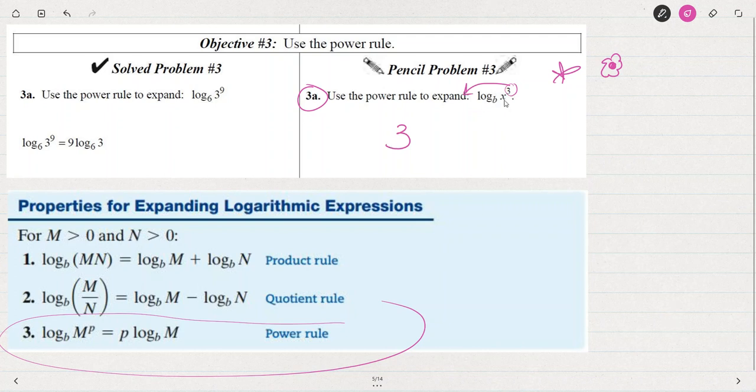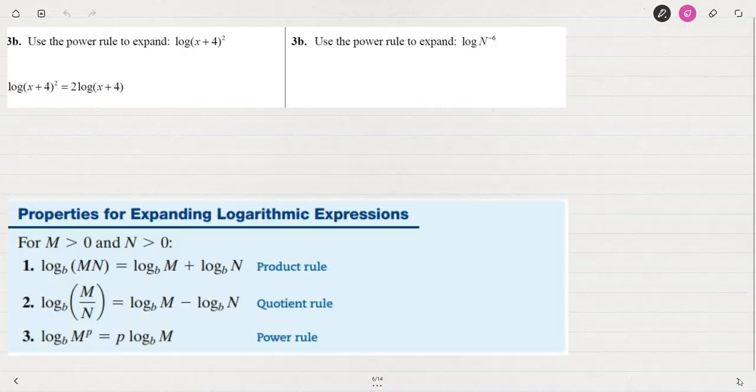So log base b of x cubed is going to be equivalent to 3 times log base b of x. So when we have an exponent here, it just falls down in front. That's a really important one. Mark that one. We're going to use it often when we do some work with solving equations.